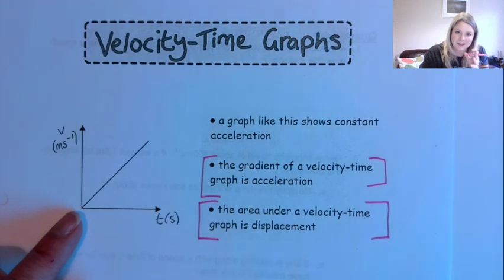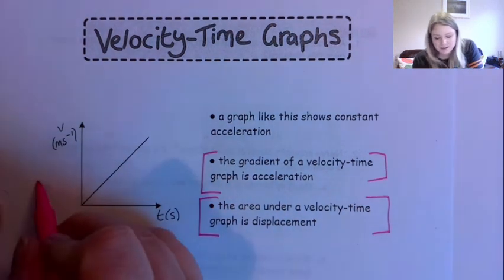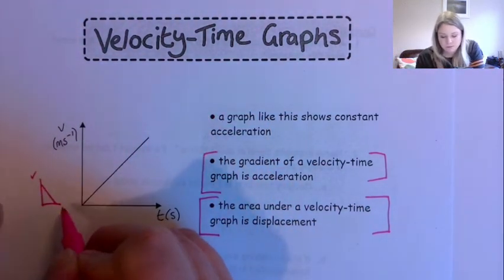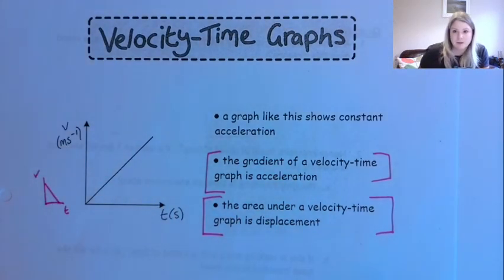We will get to this in a little bit, but you need to be careful with remembering about the magnitude of the velocity, because something like that would be a deceleration because the magnitude of the velocity is getting smaller.